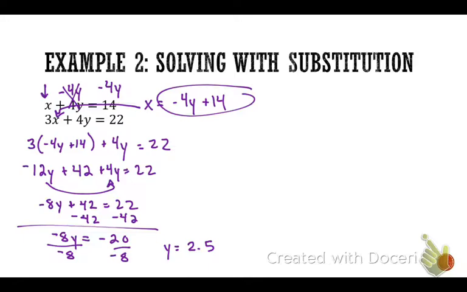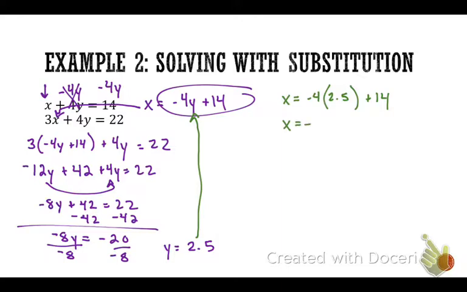All right, so now, did you go back and plug it in for y back in the original problem? Okay, so x equals negative 4 times positive 2.5 plus 14. All right, so what's negative 4 times 2.5?